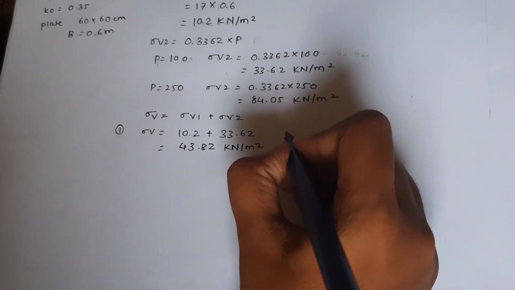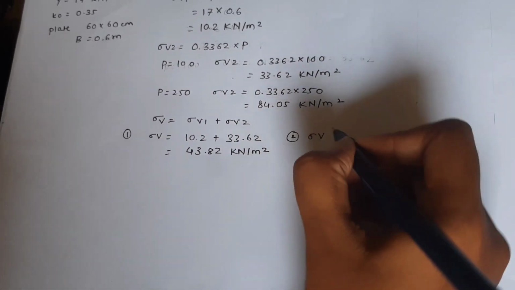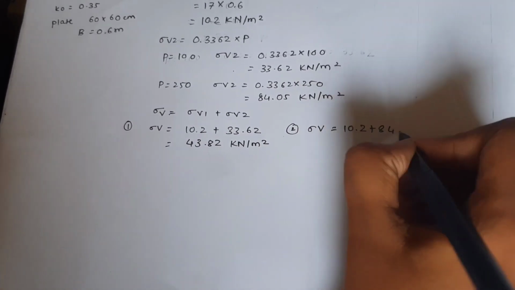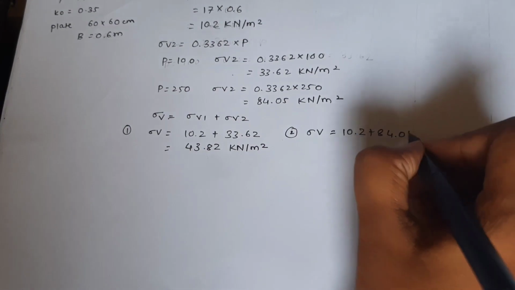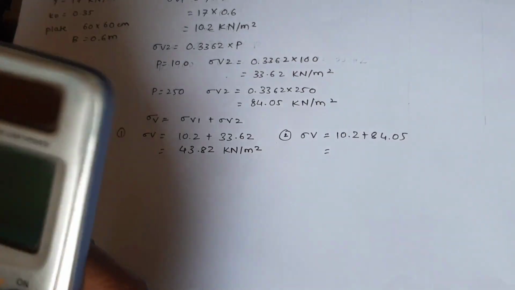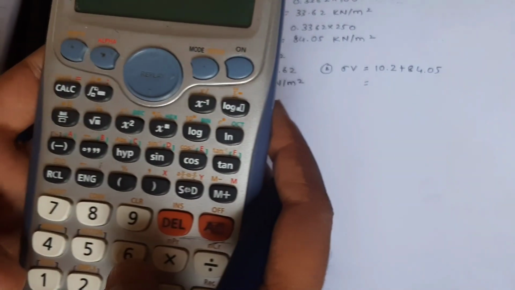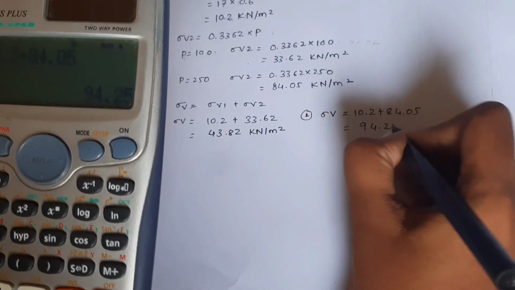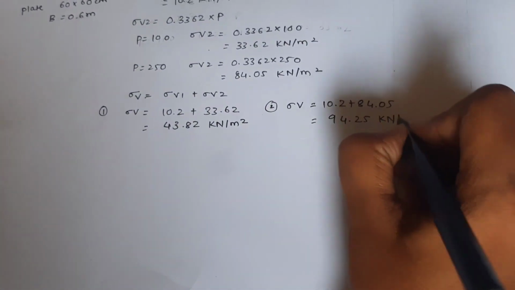And for the second case, sigma V equals to 10.2 plus 84.05, which is equals to 94.25 kilonewton per meter square.